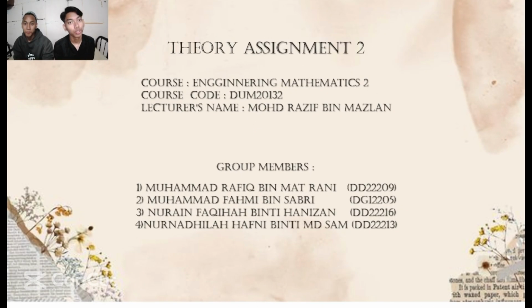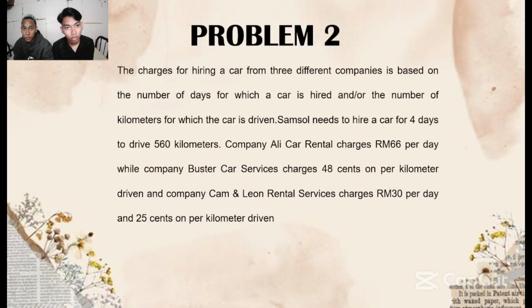So, as you can see, we are here at problem number 2. The problem is we have to find the charges for hiring a car from 3 different companies, based on the number of days for which a car is hired and the number of kilometers for which the car is driven.